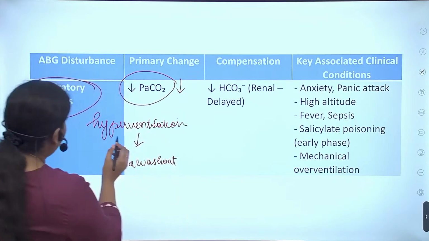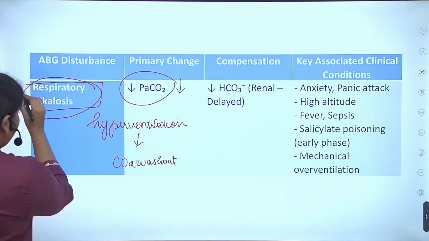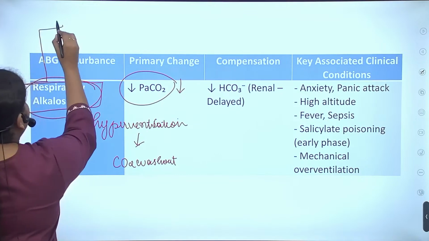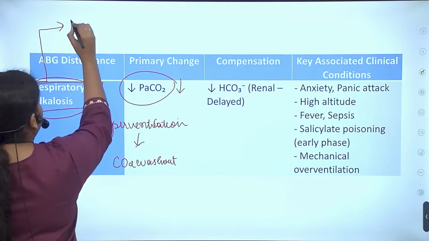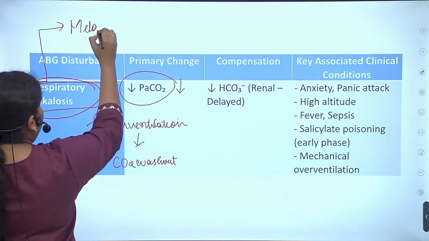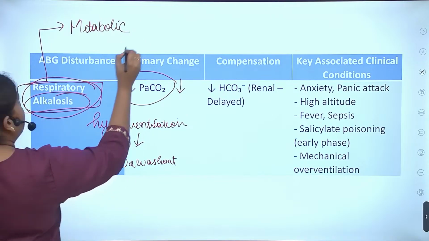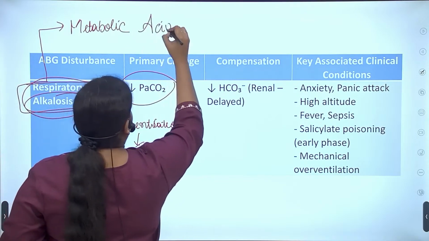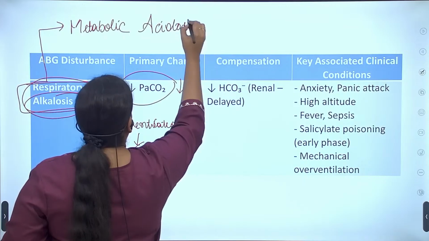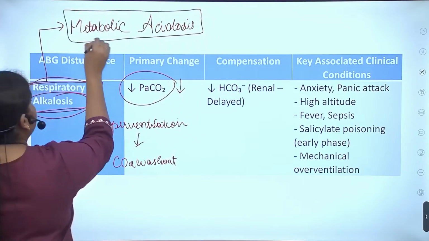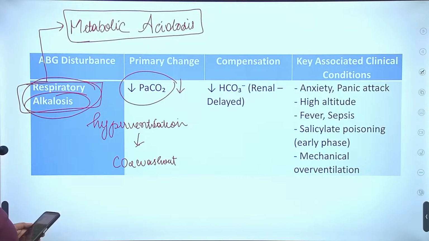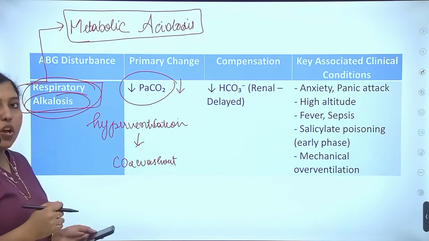So again, coming back to respiratory alkalosis, what is the compensatory mechanism? Respiratory opposite is metabolic, and alkalosis is acidosis, right? So metabolic, it is same.